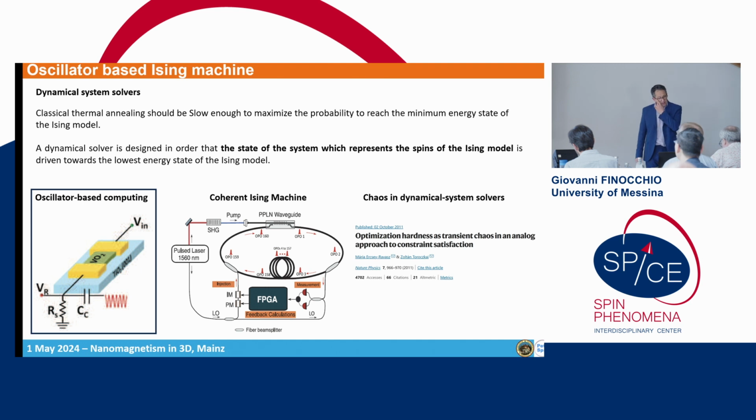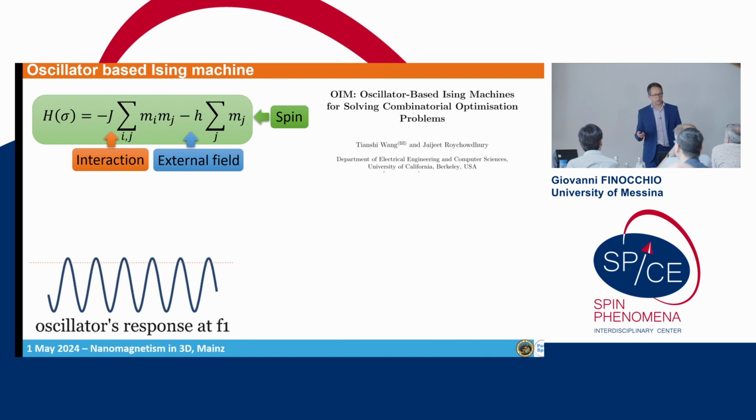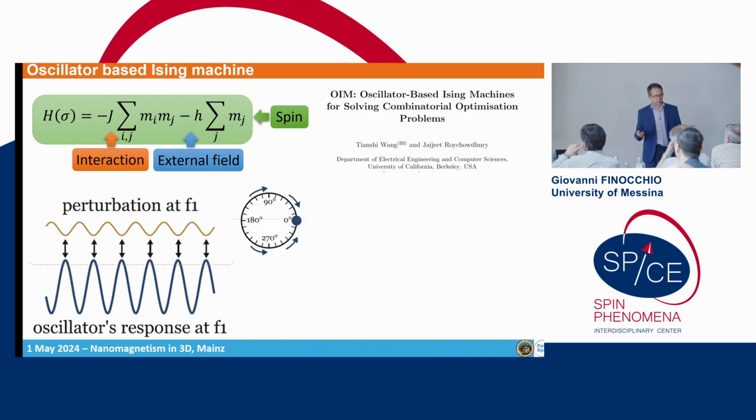And also one is based on spin-torque oscillators, which looks close to what we do in spintronics. So you have the same equation, but the dynamical update equation is different. You have an injection, a spin-torque oscillator. If you do the injection locking at the same frequency, you have only one phase of difference.